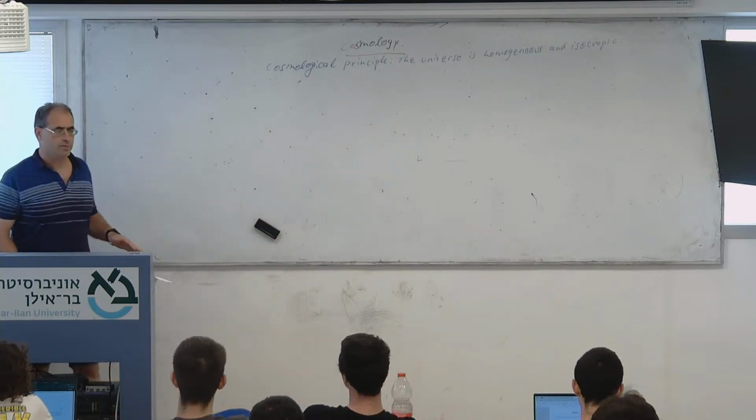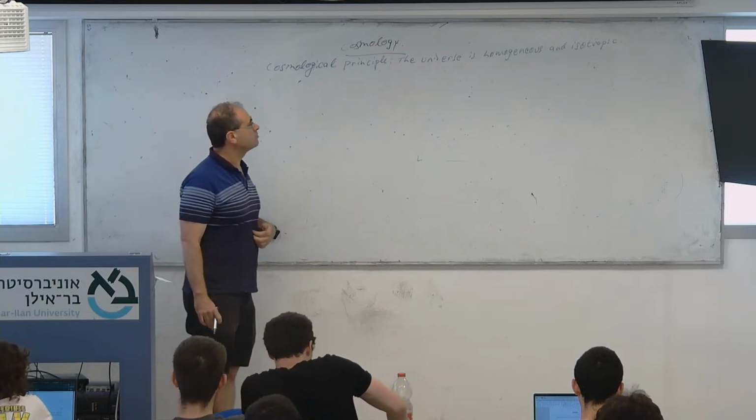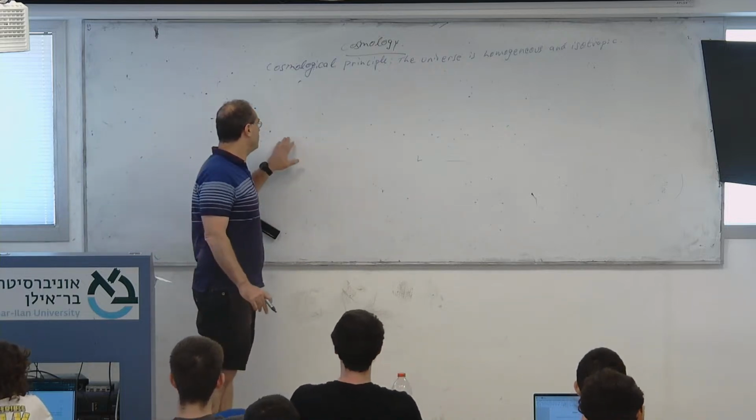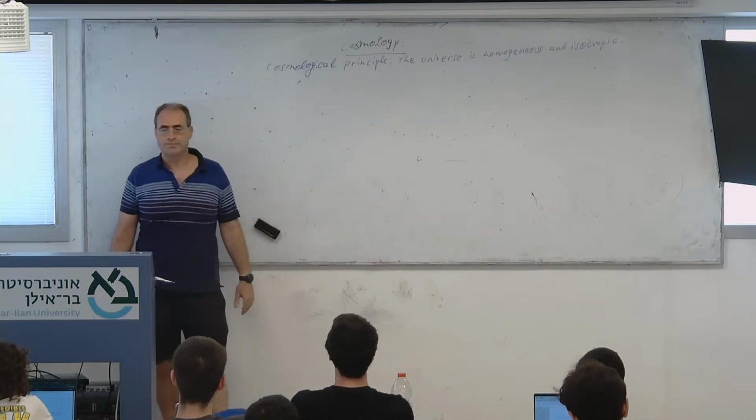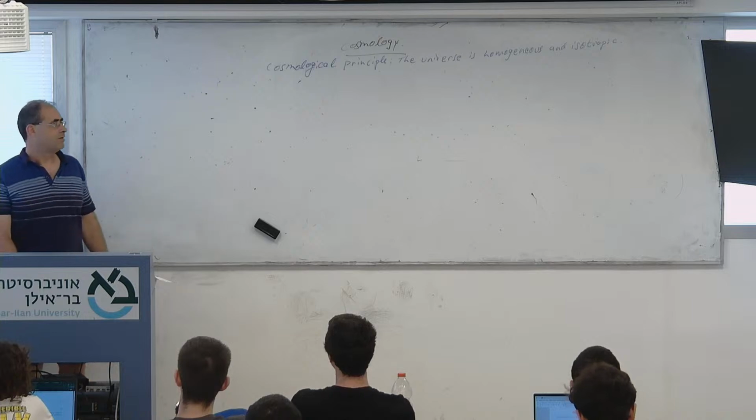The purpose of today is to derive the metric that will describe the universe that is homogeneous and isotropic. I can put it in, or instead we can go the long way, which we're going to do, and we're actually going to derive it mathematically.